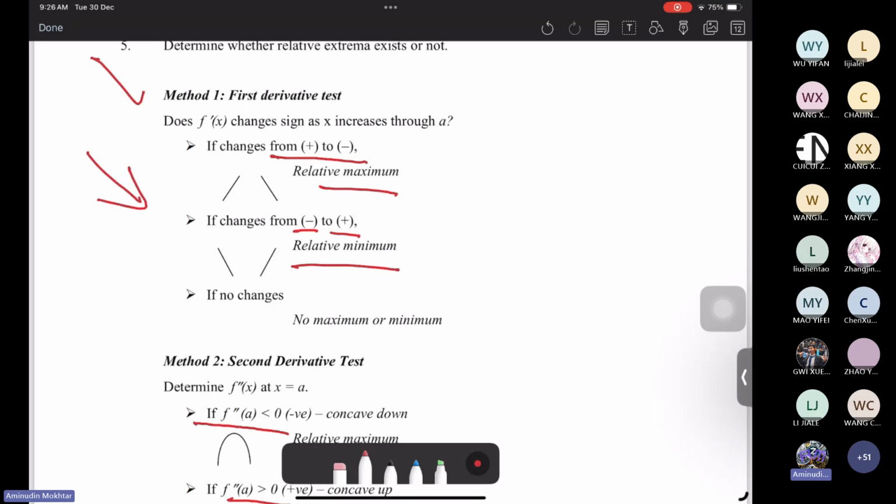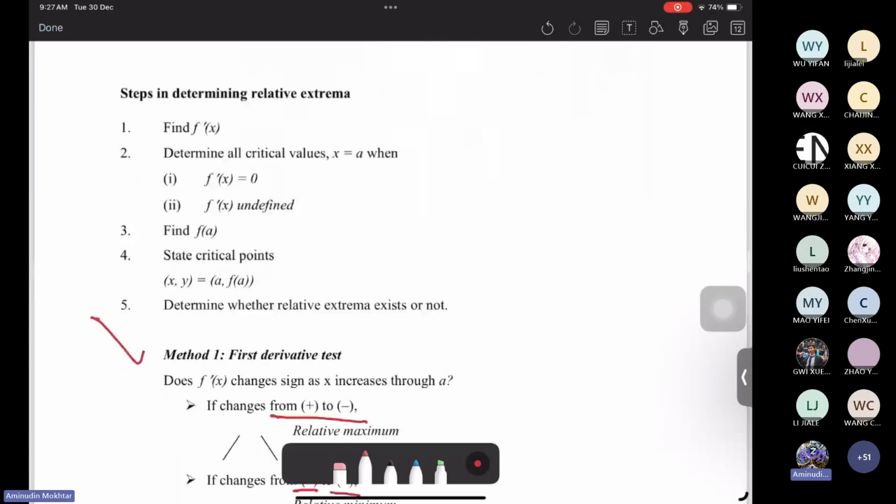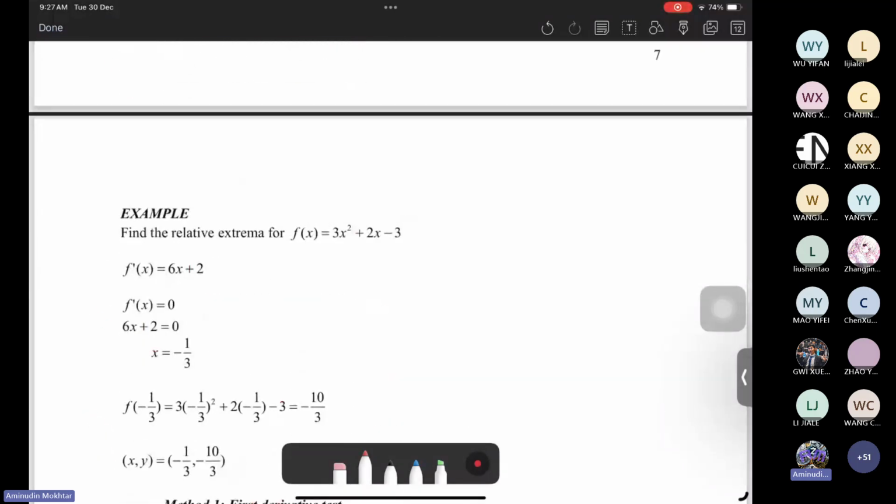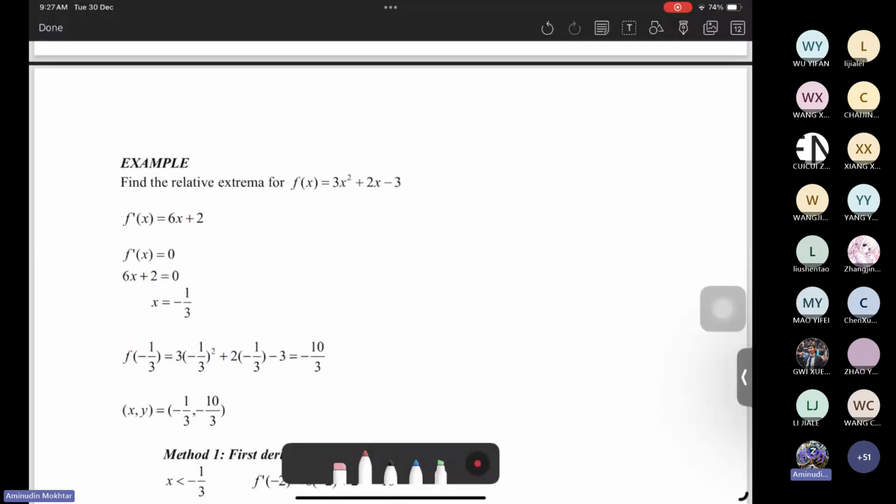We just check the change in slope from negative to positive or positive to negative. That's how to determine whether the graph has a minimum point or maximum point, or in other words, we want to identify the positive and negative area of the slope.